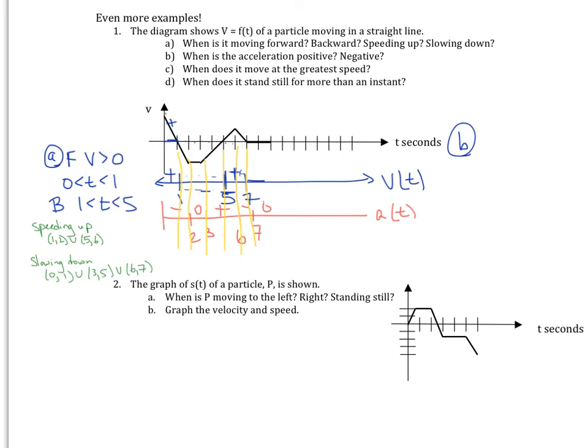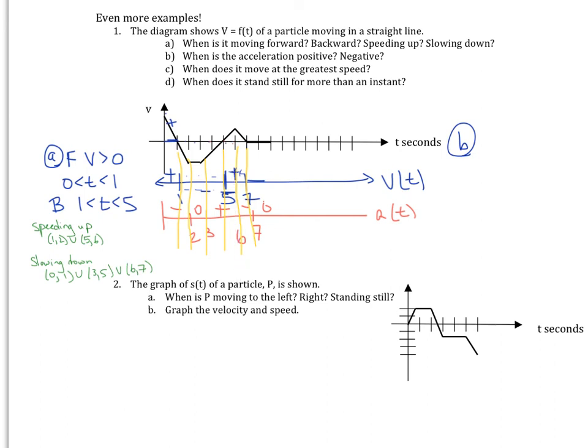For part D, when is the acceleration positive? We had already said that between 3 and 7. That's when I had a positive slope, between 3 and 4, 5, 6. Sorry, between 3 and 6, I had a positive slope.